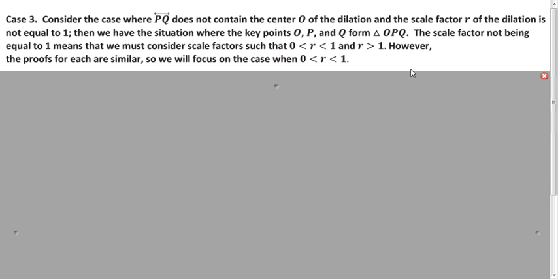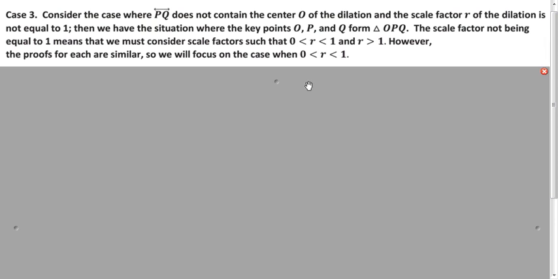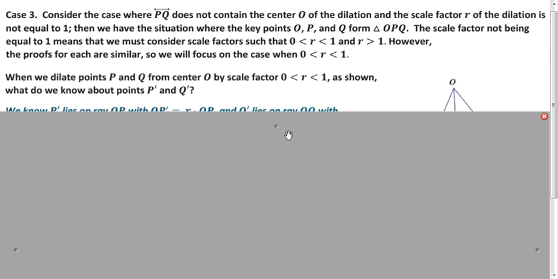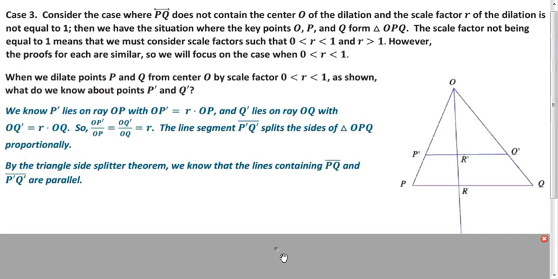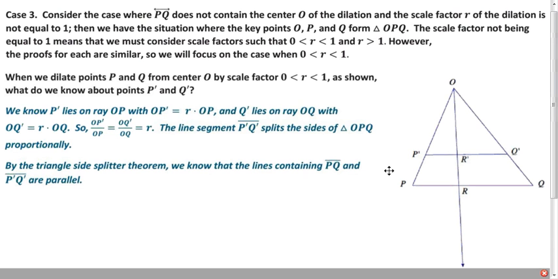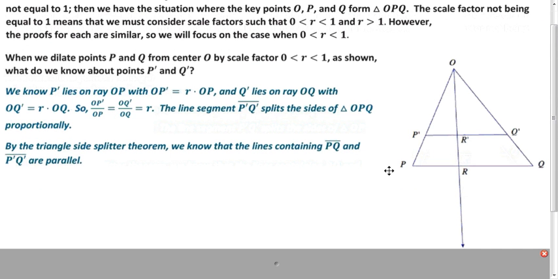And what happens when your center of dilation is not on that line that passes through the 2 points? So for example, what about when we get a picture like this? Well, we know how we can find out where P prime and Q prime are by doing a dilation. And we know that we have a side splitter here, and so we know that lines PQ and P prime Q prime are parallel.